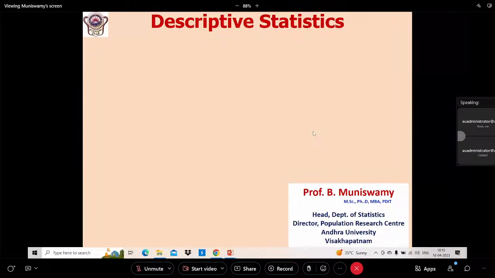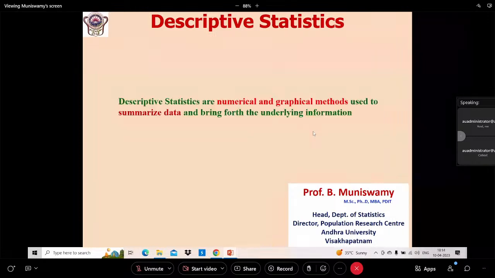So here the descriptive statistics means descriptive statistics are numerical and graphical methods used to summarize data and bring forth the underlying information. So if you want to draw any information, right, we have to apply some. For example, you see heartbeat per minute 72.